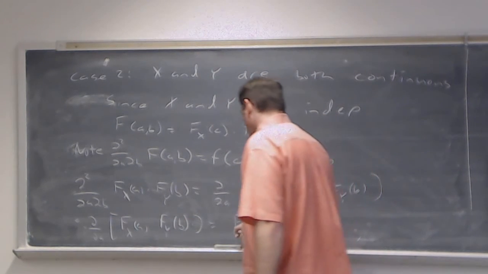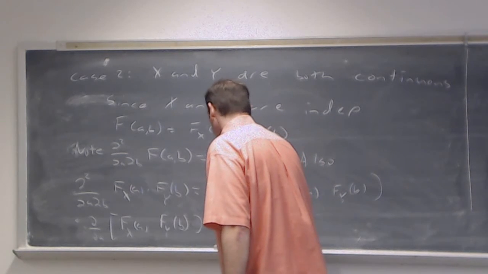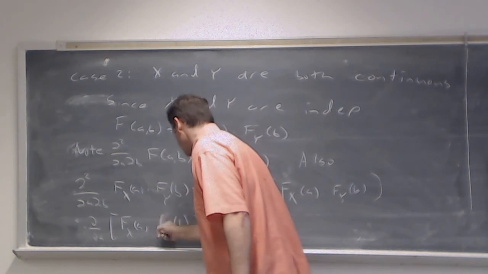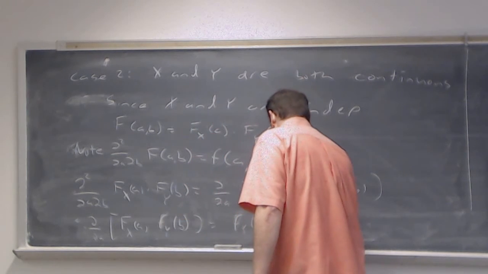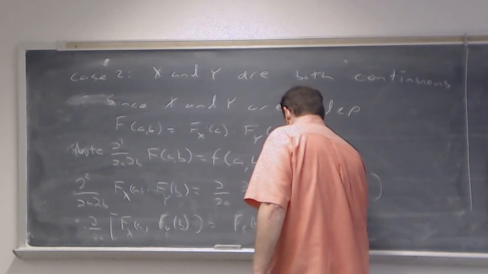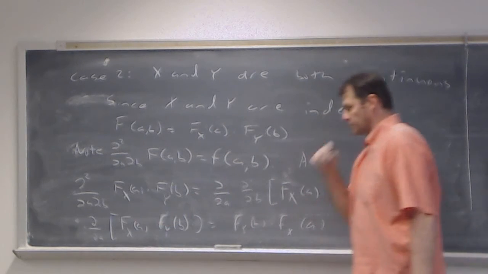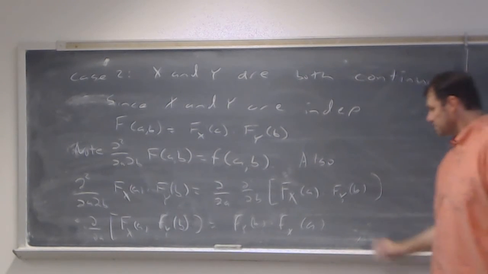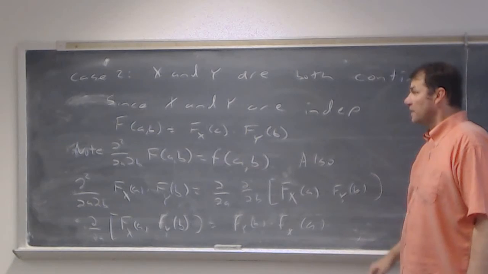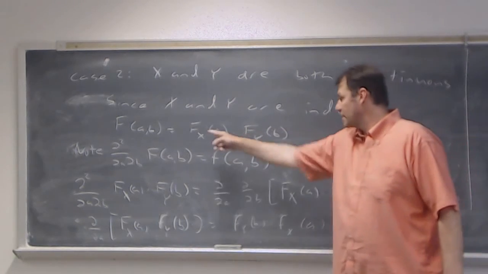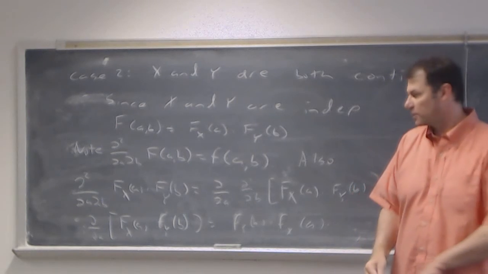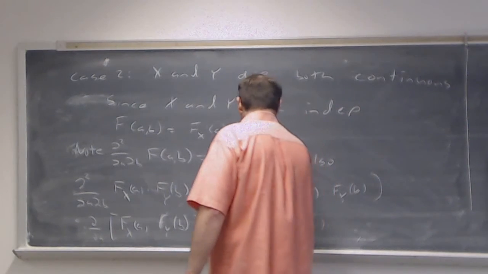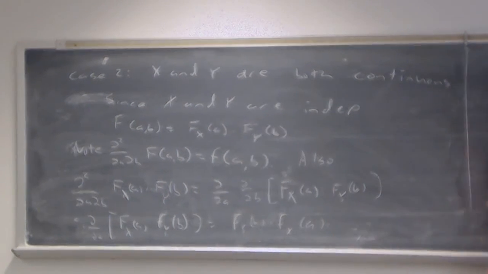That's nothing more than little f sub x of a, because of the previous fact we proved. So that's what we have. That proves it in this direction. Even though I've got it written in terms of A and B, you can substitute x and y for those variables. So that's one direction.